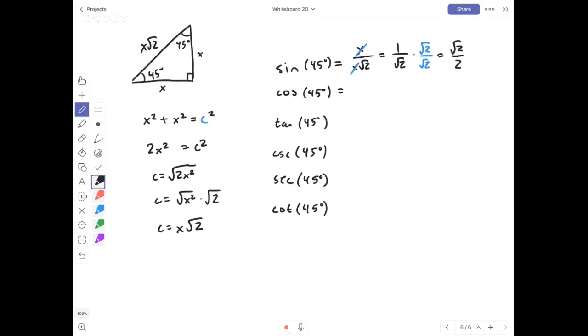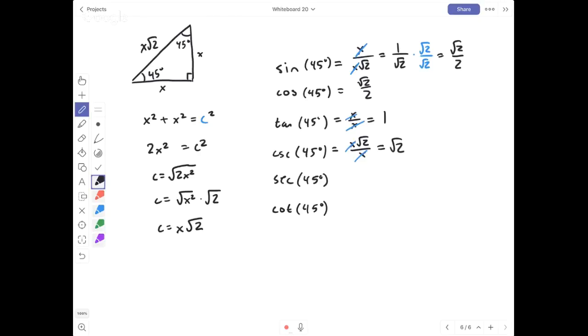Sine of 45 degrees is always root 2 over 2. Cosine is exactly the same. The tangent, opposite over adjacent, equals x over x equals 1, because cancel, cancel. Cosecant of 45 equals the hypotenuse over the opposite. So x root 2 over x, cancel, cancel, just equals root 2.